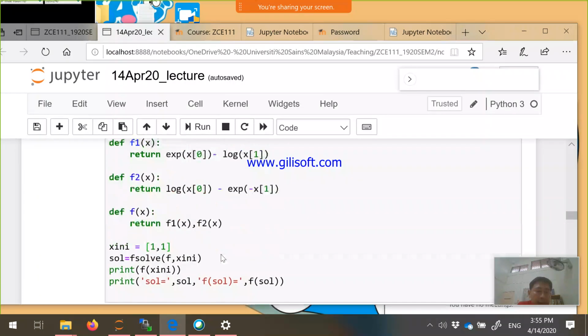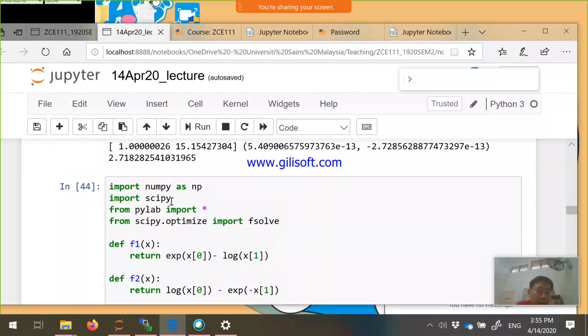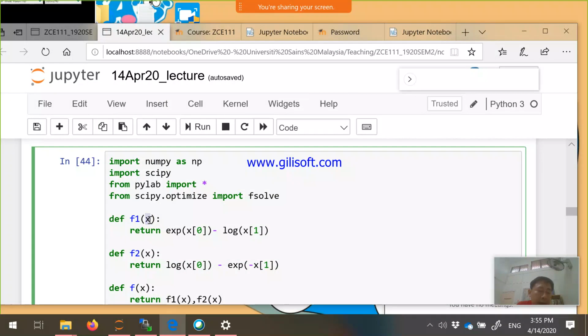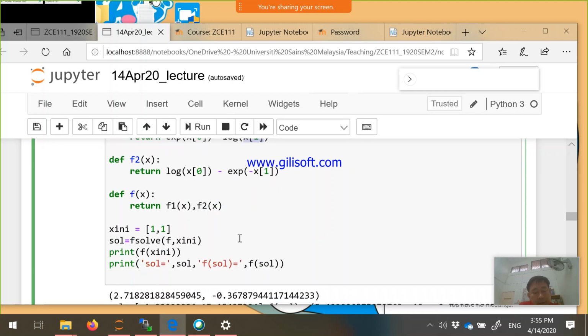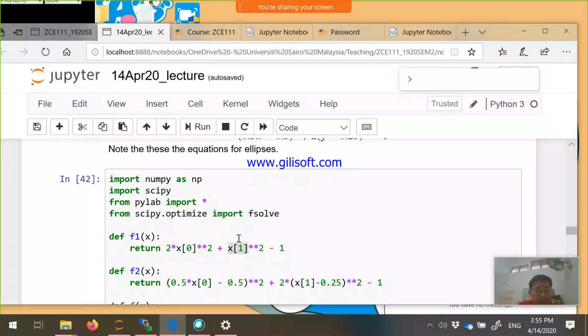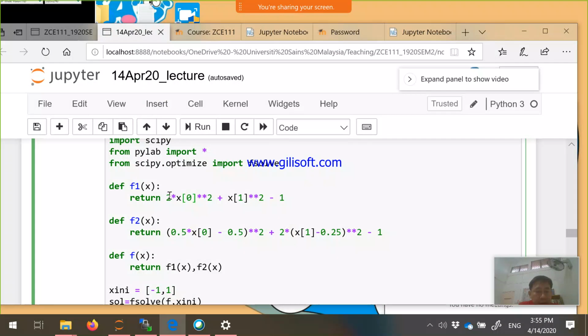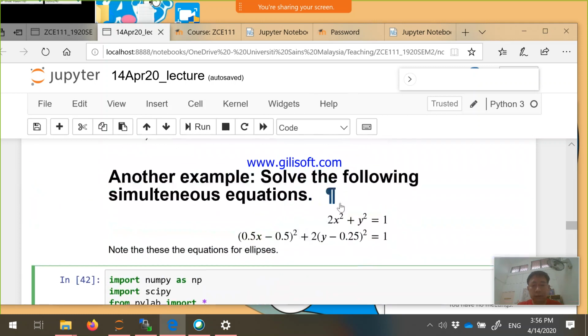This is exactly the same as in the previous case, where x is an array that comprises 2 components, x0 and x1. There are many ways to define this. I just call x an array, and assume that x has 2 components. That's how I define the first equation.